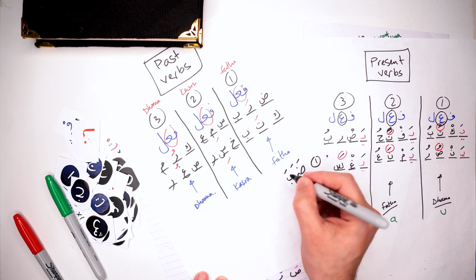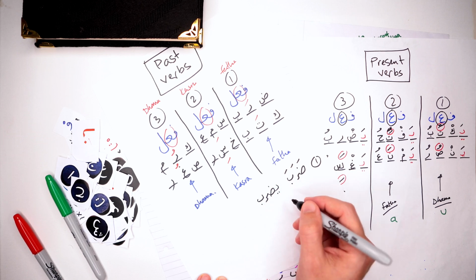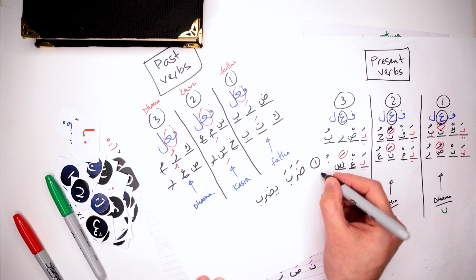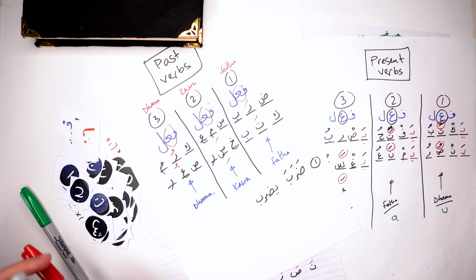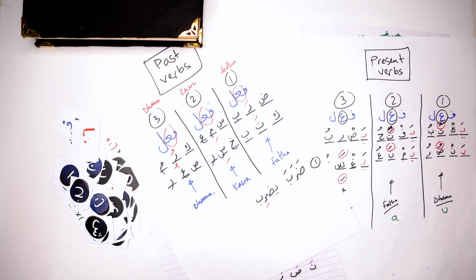We call this the daraba pattern. Daraba yadribu. Let me put the vowels in. Daraba yadribu. So you've got a kasra there.